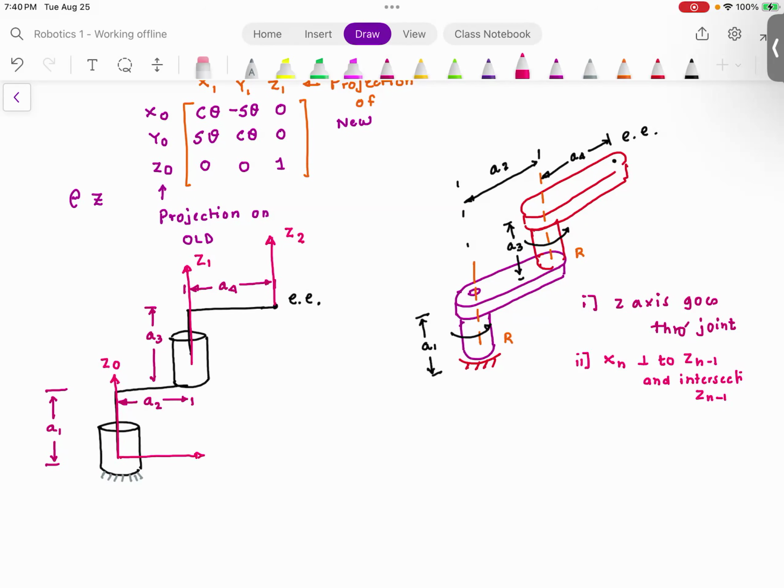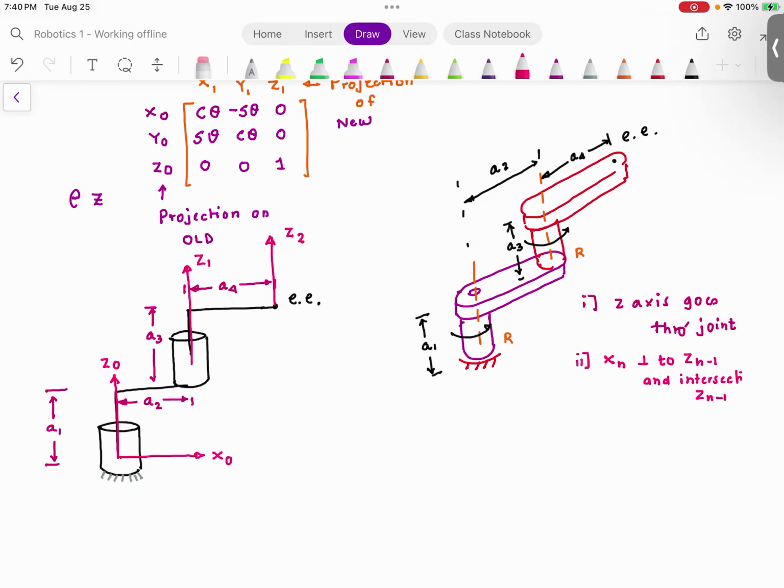It doesn't have to be in this direction; you can assume it to be any direction you want. You can also assume X0 in this direction, or in that direction. That does not matter. But this is how I'm assuming my X0.